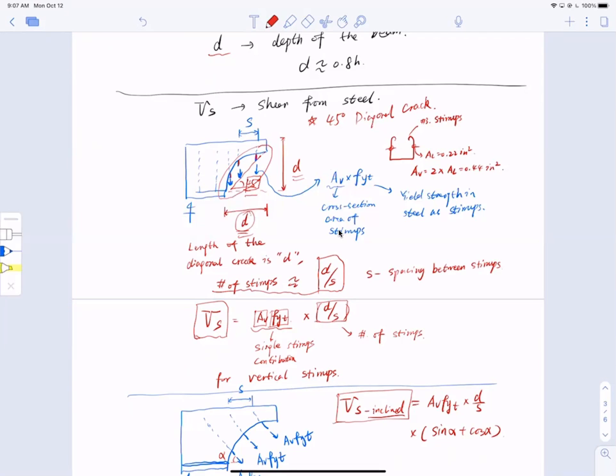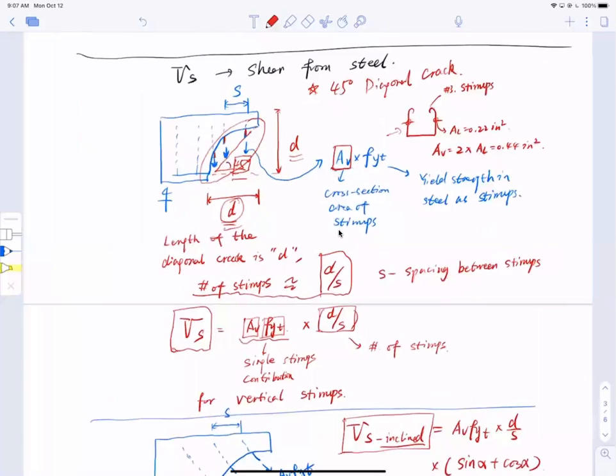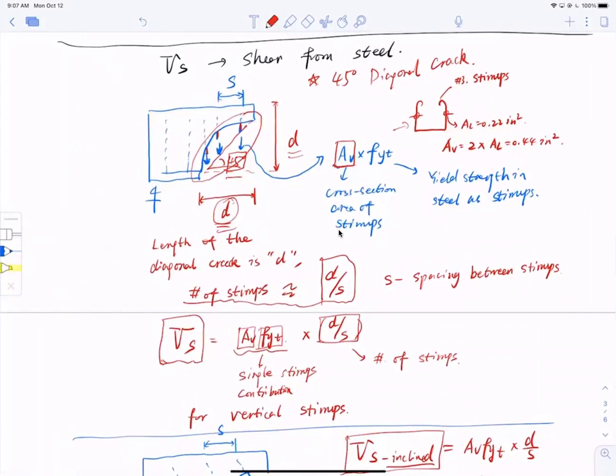So you use Av, which is the stirrup cross-section area, usually 2 legs. With this, we can estimate the contribution of a single stirrup.